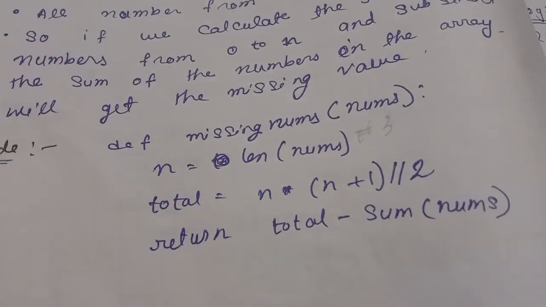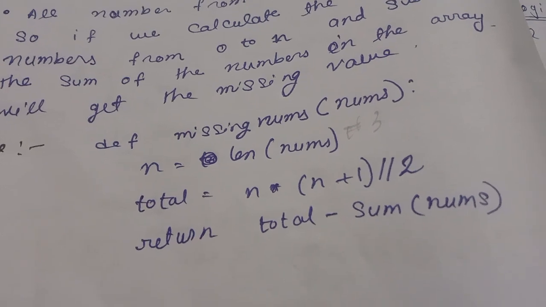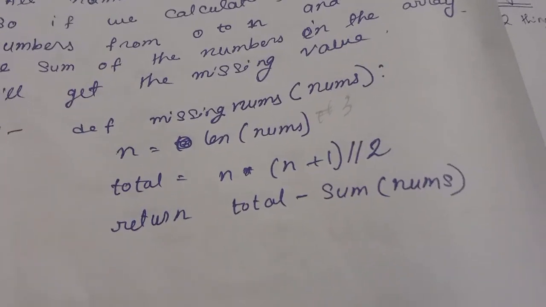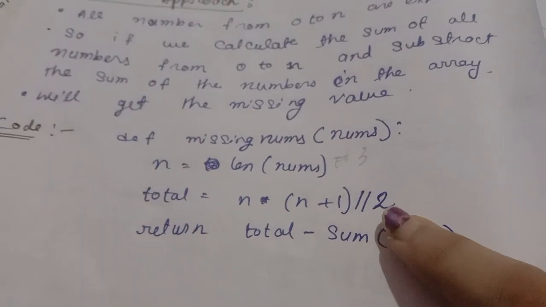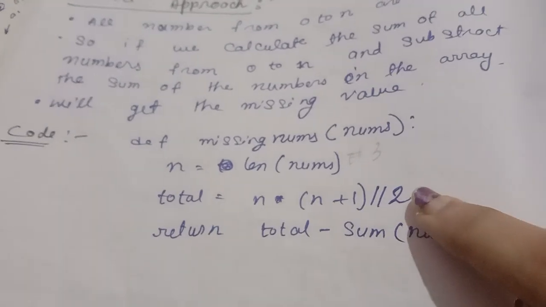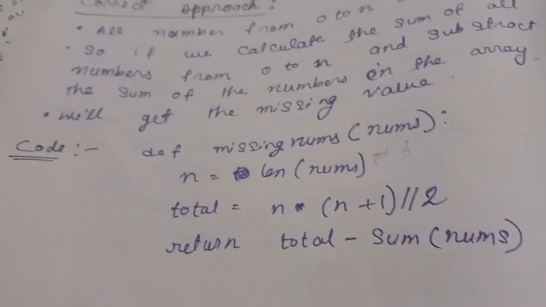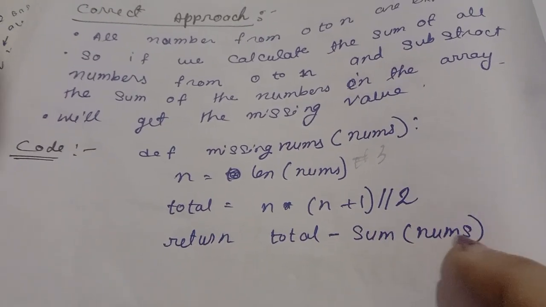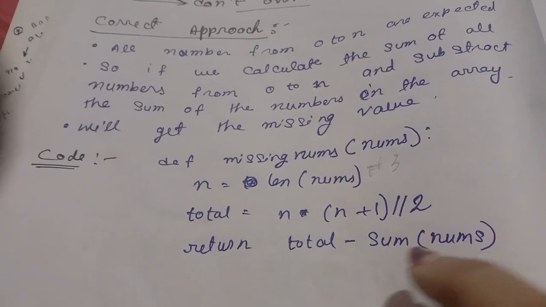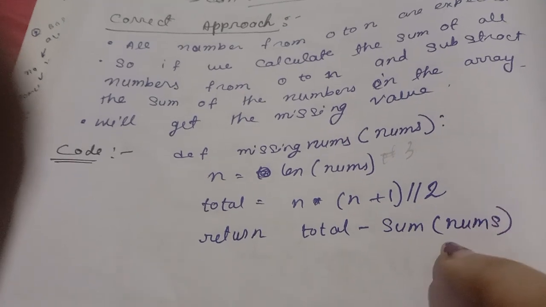Then we are calculating the total. The sum of n natural numbers formula is n into n plus 1, integer division 2, right? From here we get the sum of n natural numbers, and after that we return the total sum minus the sum of all the elements in the array, and we get that exact number which is missing in this array.